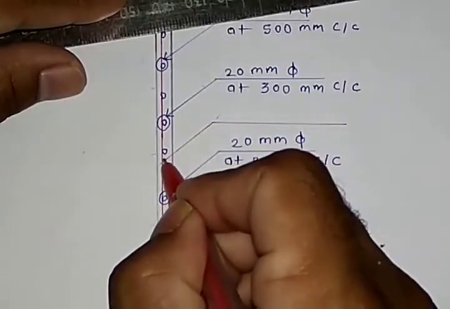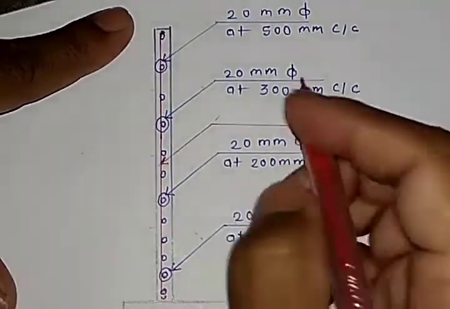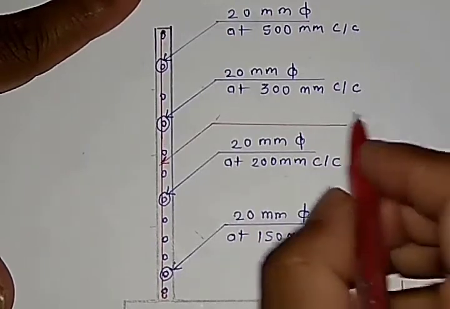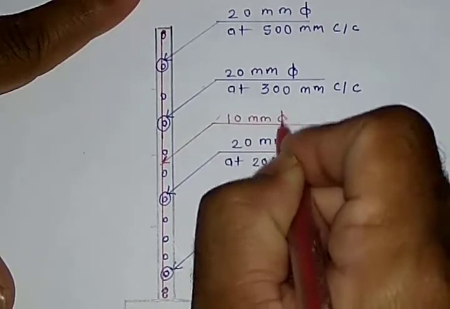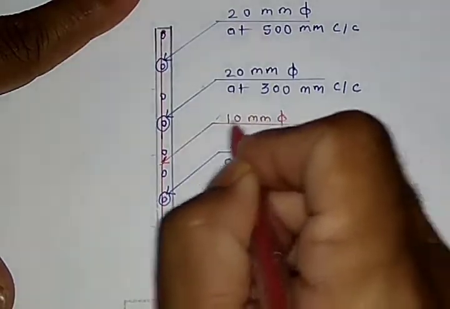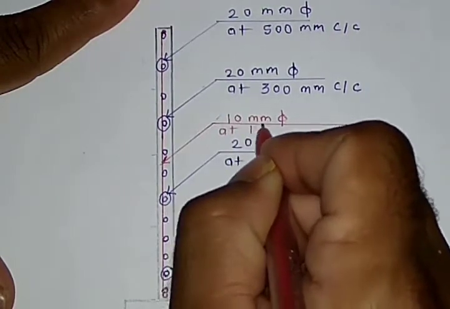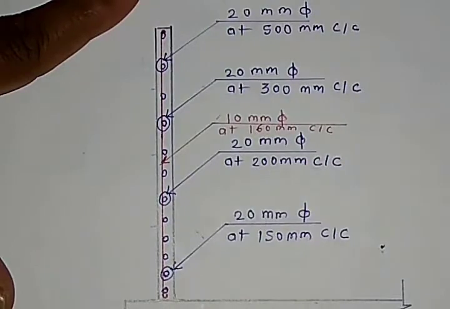You can just look at how I am going to mark it here. Now this vertical bar is common for all, and that is 10 mm diameter at 160 mm center to center.